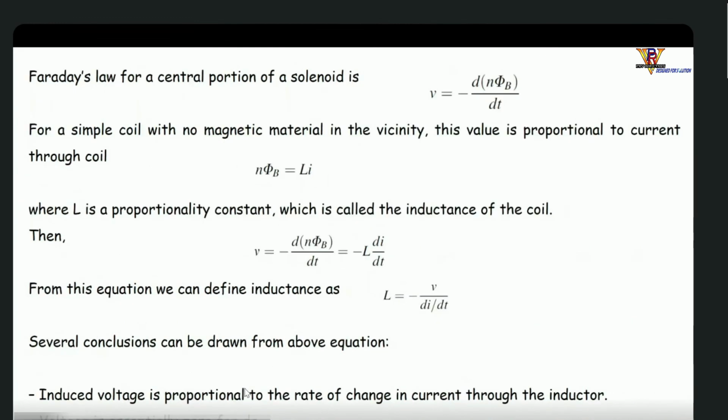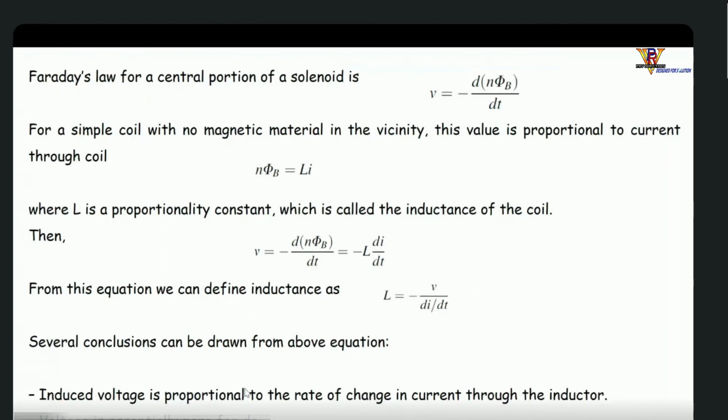So Faraday's law for the central portion of a solenoid gives the induced voltage V equals minus d(N phi B) by dt. For a simple coil with no magnetic material in the vicinity, this value is proportional to the current through the coil.